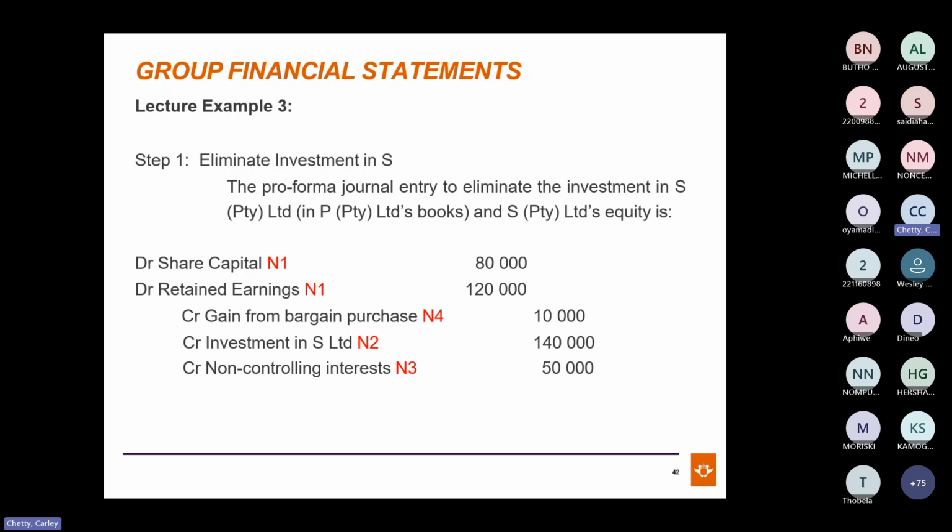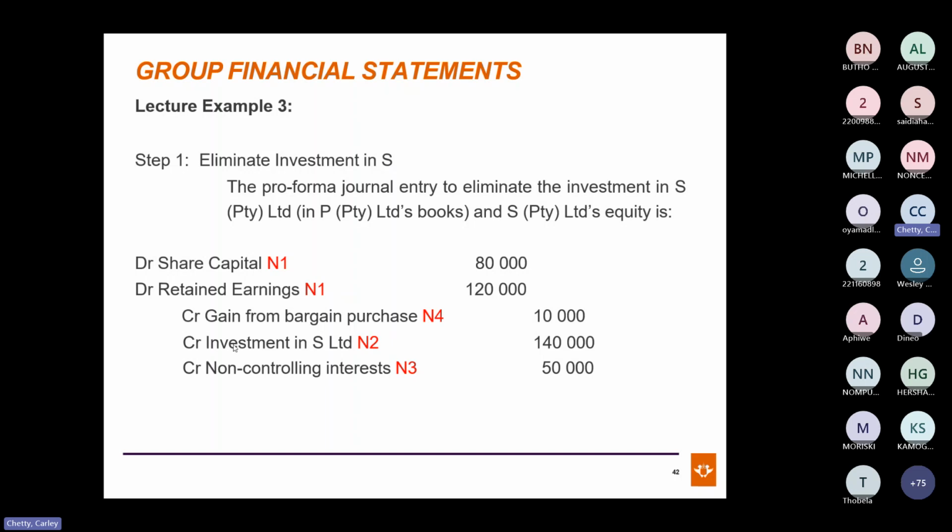So remember, in P's books, they had an investment of 140,000 Rand. So the credit is the elimination of the parent's cost of the investment in the subsidiary, which is ultimately the consideration paid by the parent, which is P, to acquire 80% of the subsidiary's equity at acquisition.